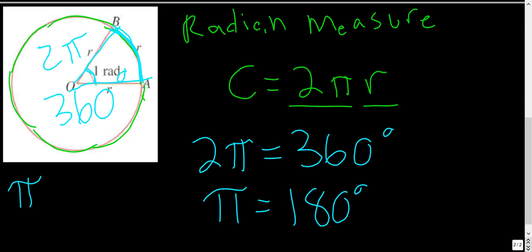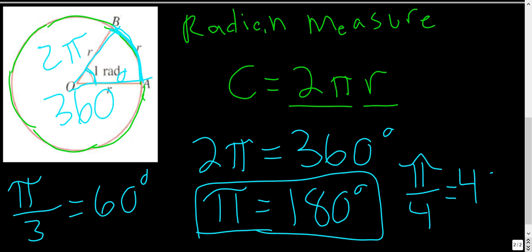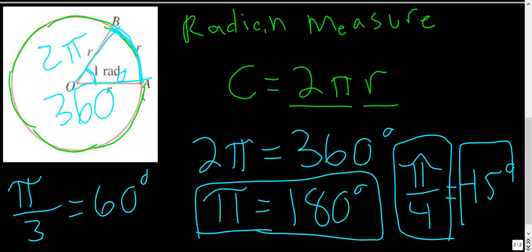Pi over 3 is 180 divided by 3, so it's just 60. And you may have pi over 4, which is 180 over 4, which is 45 degrees. So you're going to see this show up quite often, and it's just to make the calculations easier. It's easier to multiply by that than it is to multiply by 45. So just keep that in mind as we move throughout the unit.